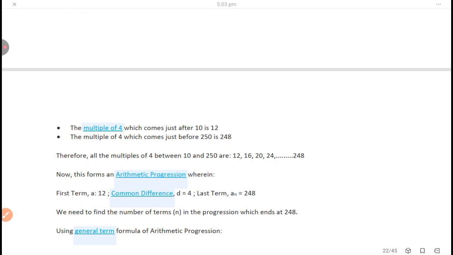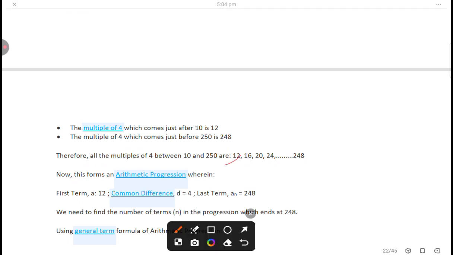So 4 threes are 12, and the multiple before 250 is 248. So the series is formed like this: 12, 16, 20, 24, up to 248. So the common difference is 4.